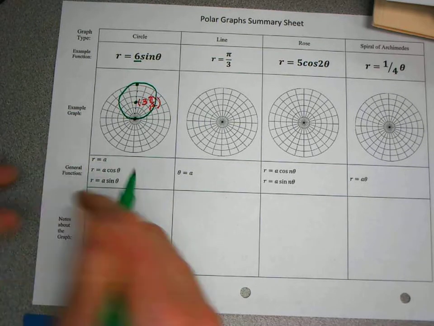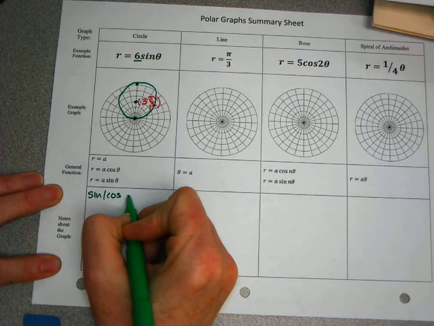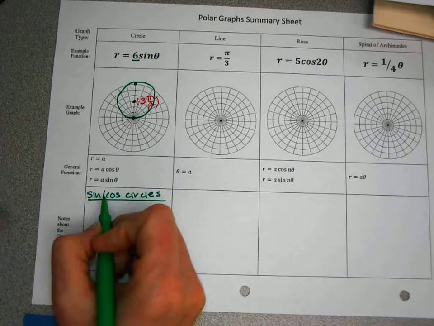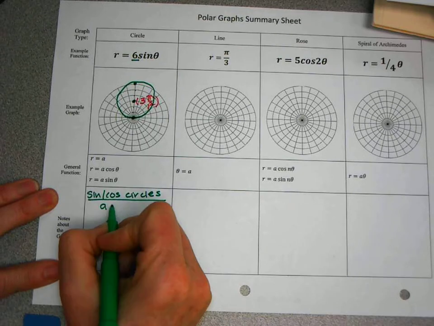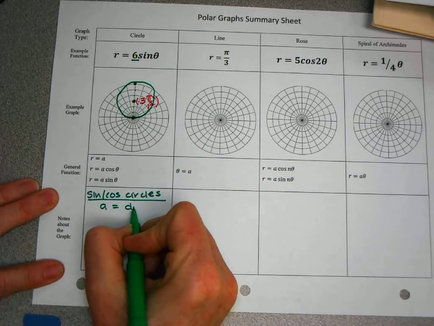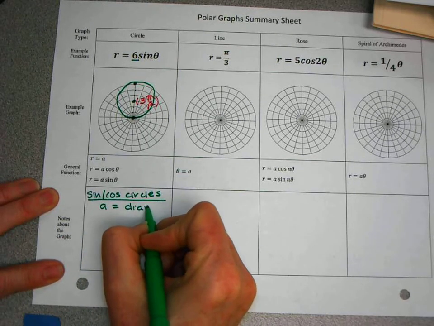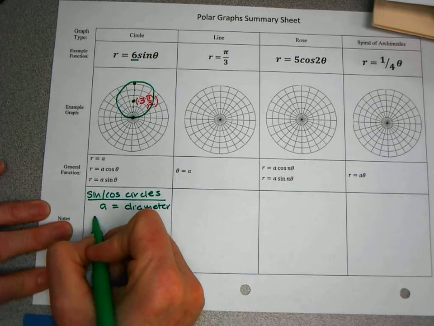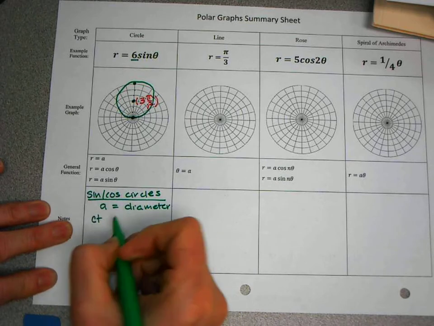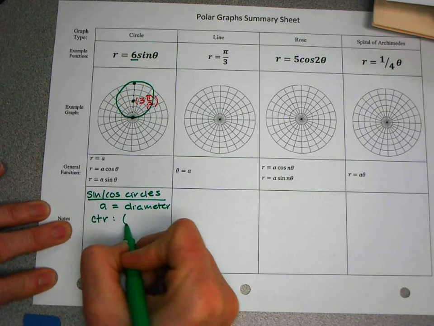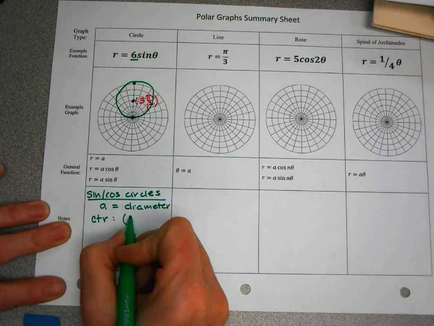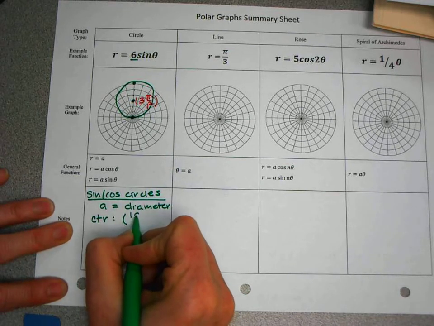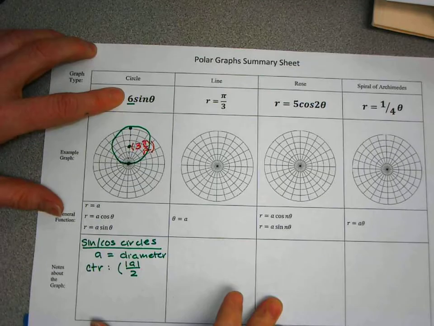What we want to say about cosine circles is to know that A is equal to the diameter, and the center when you have sine or cosine circles is going to be the absolute value of A divided by 2, because here A was 6.